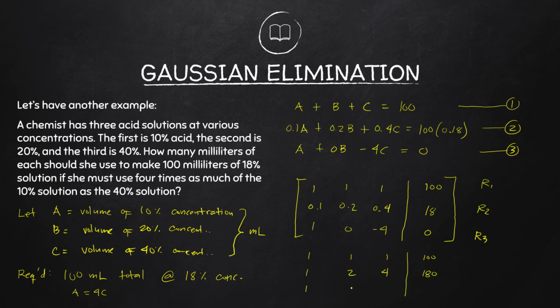This would be 1, 0, negative 4, and 0. And we now have our augmented matrix modified. So again, this is row 1, row 2, and row 3.